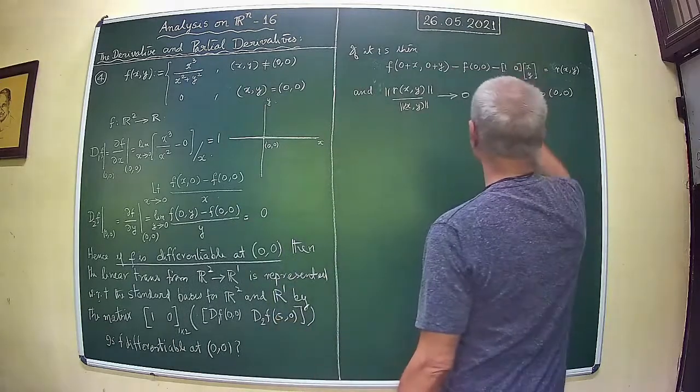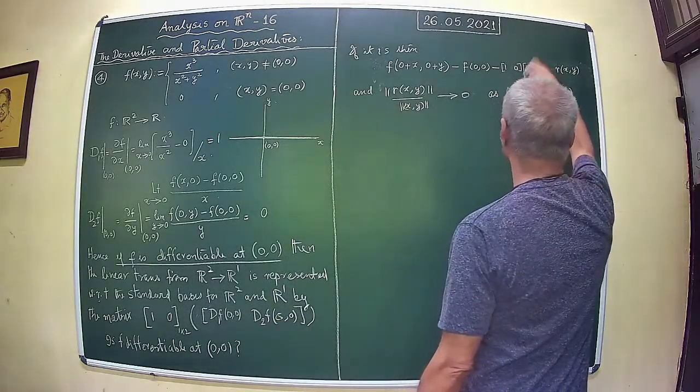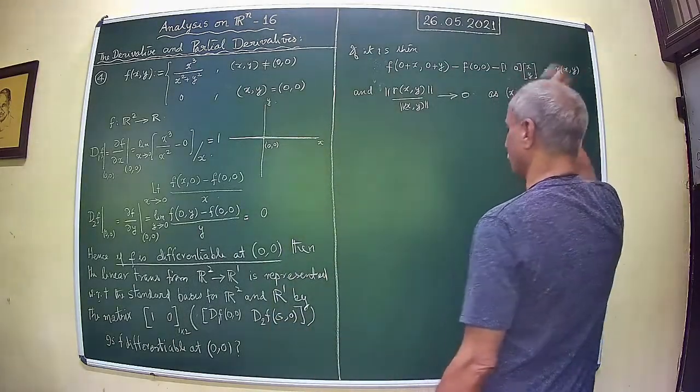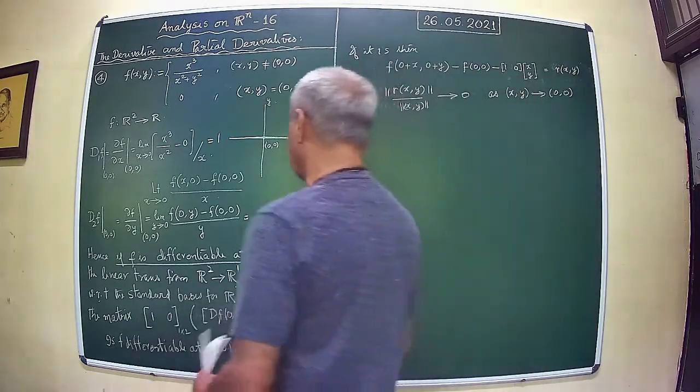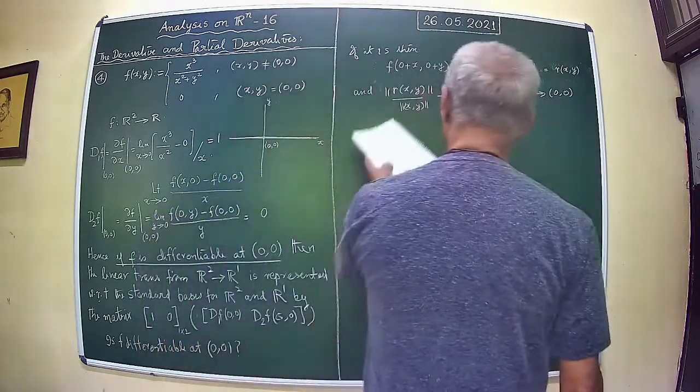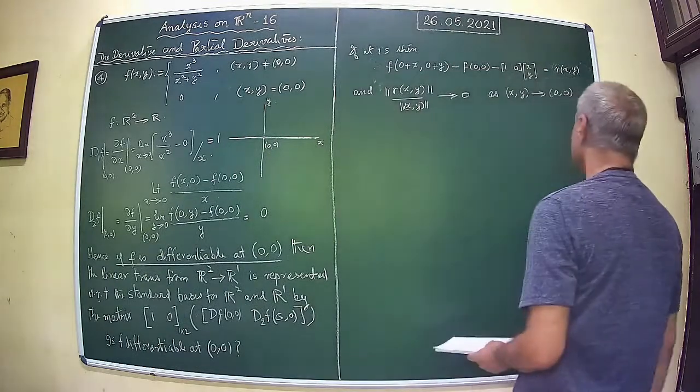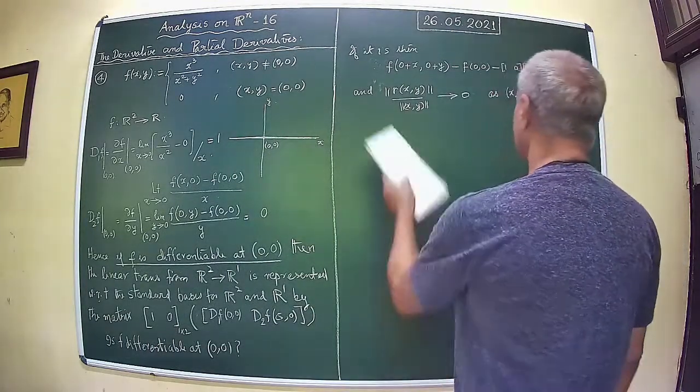This is your A, this is the H, or whatever you call the increment. So here we are taking (x, y) as the increment that you have. Now let us compute this.